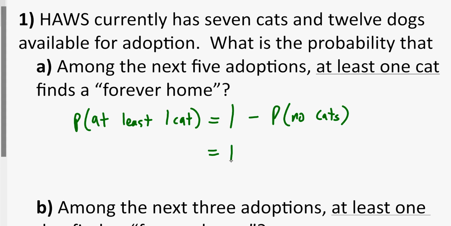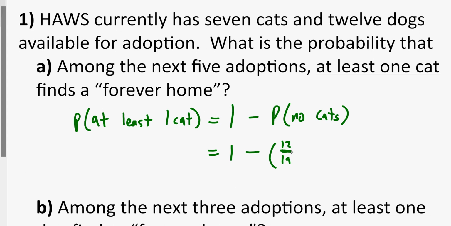So the probability of not getting a cat in the next 5, well, let's see. There's 12 dogs and 7 cats. That's 19 total. So out of 19, this first one, what's my chance of getting not a cat? Well, that's 12 dogs, so 12 out of 19.